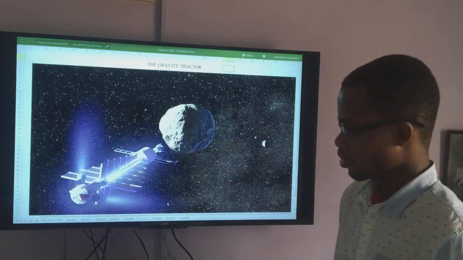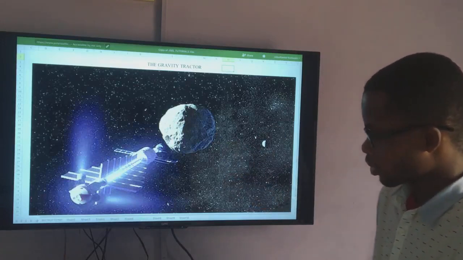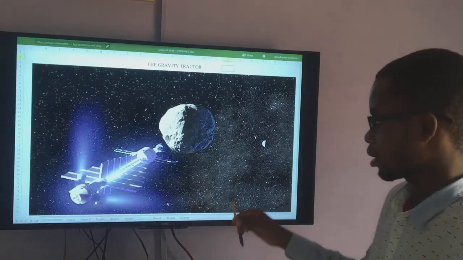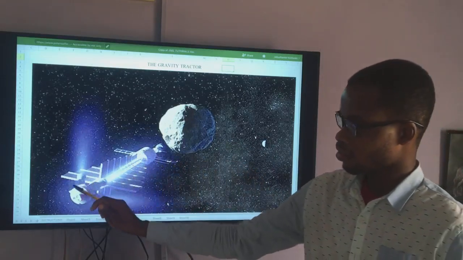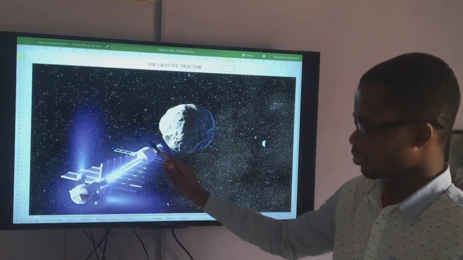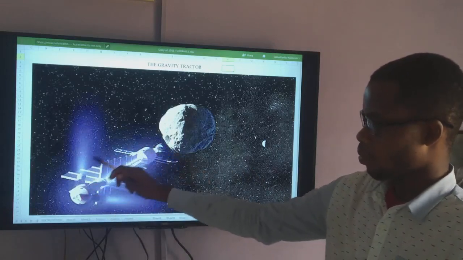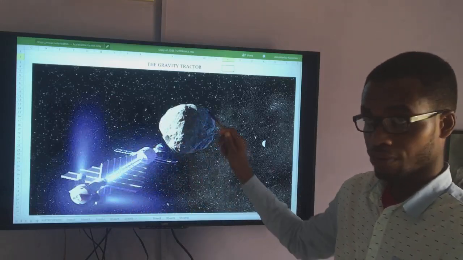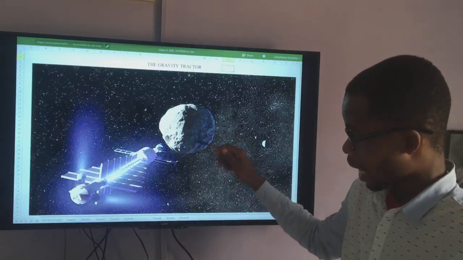The first one is what they call the gravity tractor. You can see this is the gravity tractor. It's a whole machine here. Then we have a typical image of the asteroid.